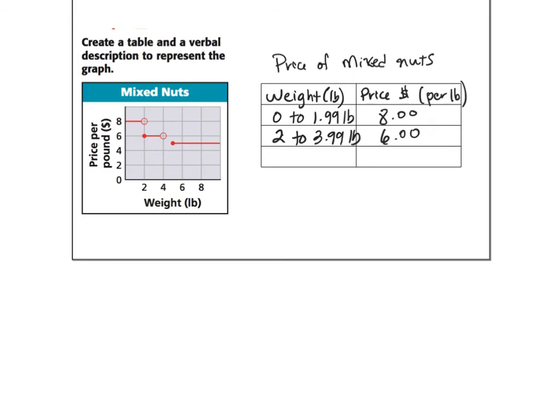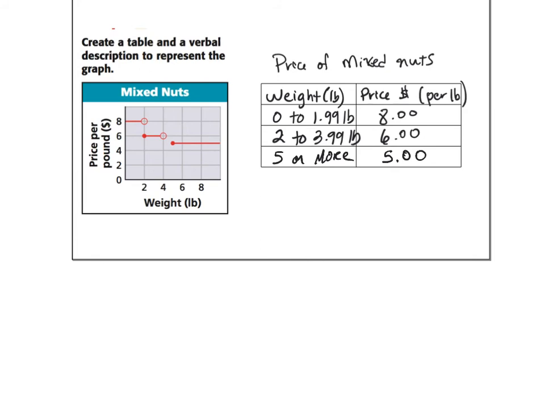So I'm going to write that just like, 5 or more is going to be $5 a pound. Okay, another way to write this, you could possibly say from 2 to 5 pounds, it's $6. That might be another way to write this, but I'm just going to write this as I see the graph.